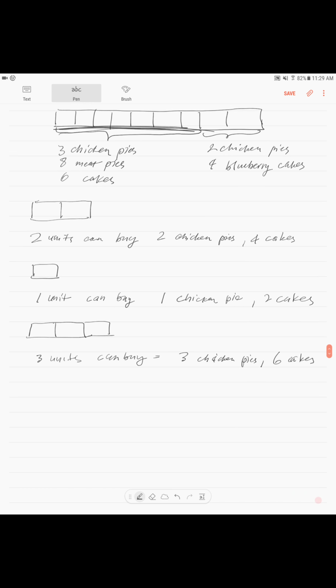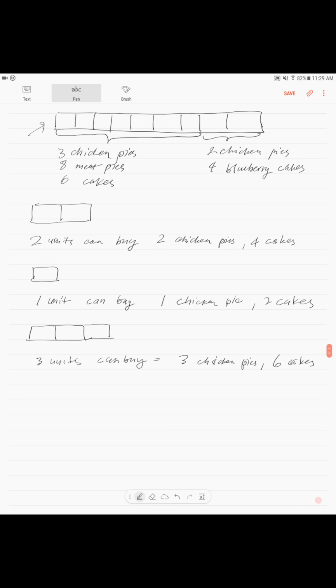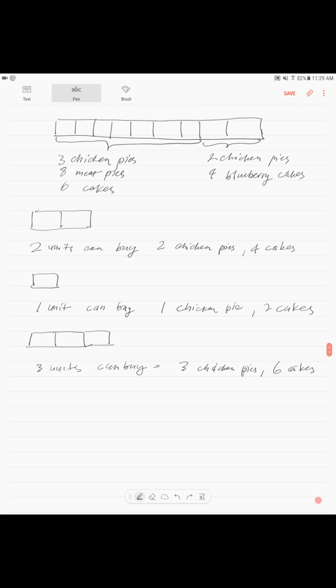And then they tell us from our model, we talk about this part right here, 7 units. 7 units can buy what? 7 units can buy 3 chicken pies and 6 cakes, totally the same as here, and 8 meat pies.